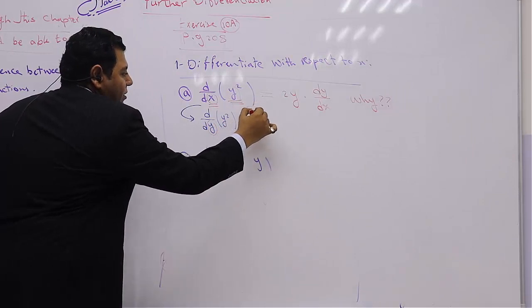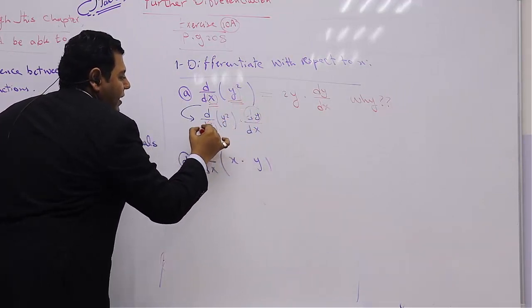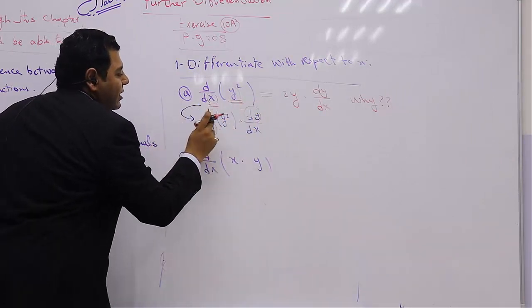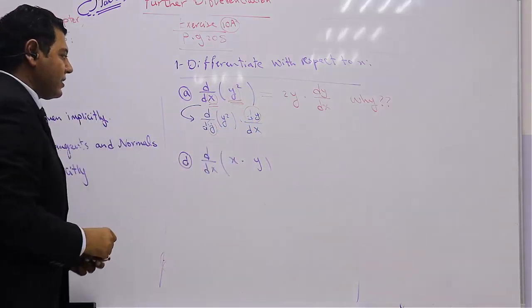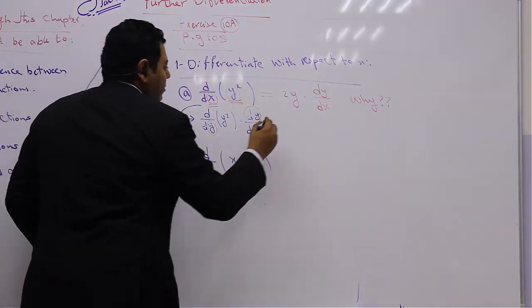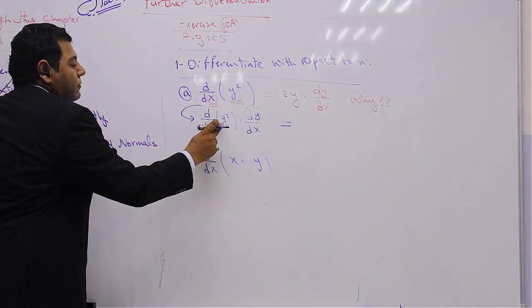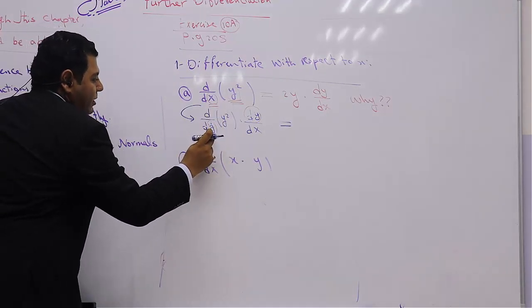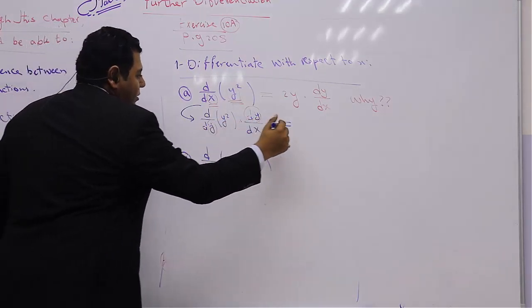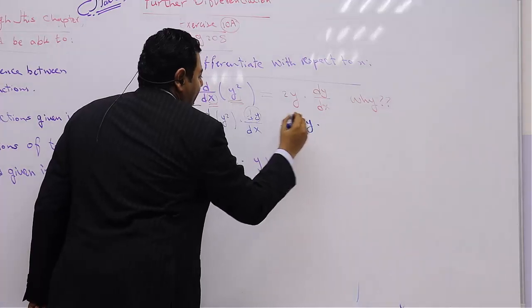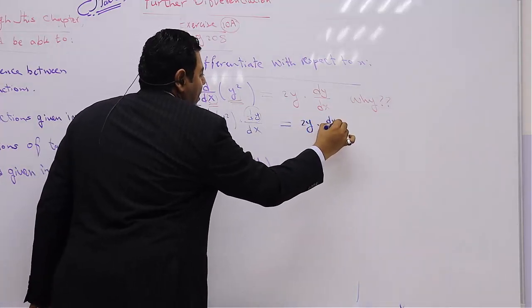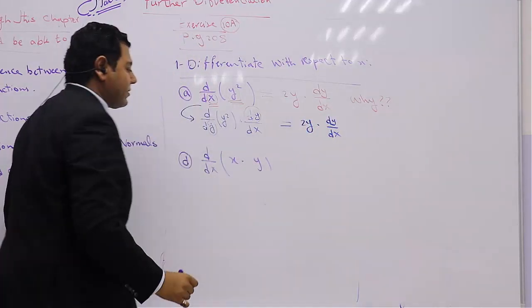Pay attention to that. dy divided by dy is canceled, so you will get d with respect to x. Now it is equal to the derivative of y squared with respect to y, which is 2y, multiplied by dy with respect to x.